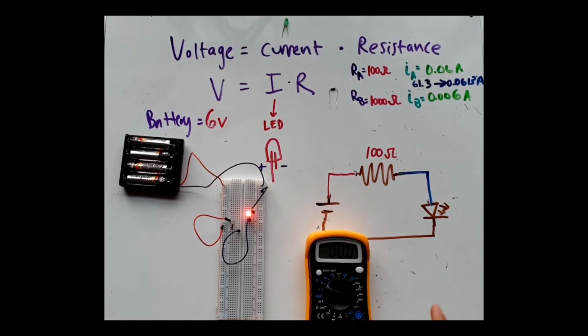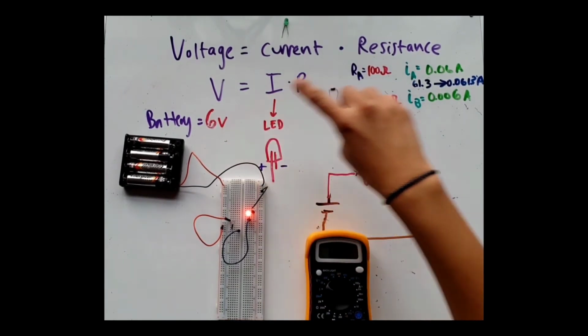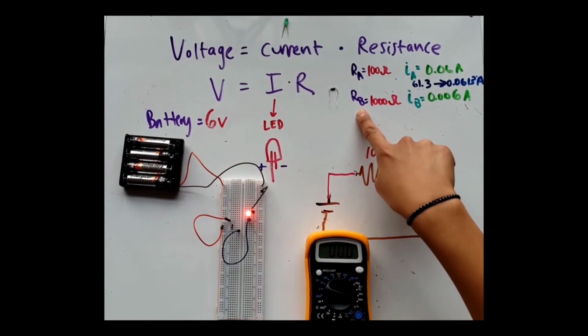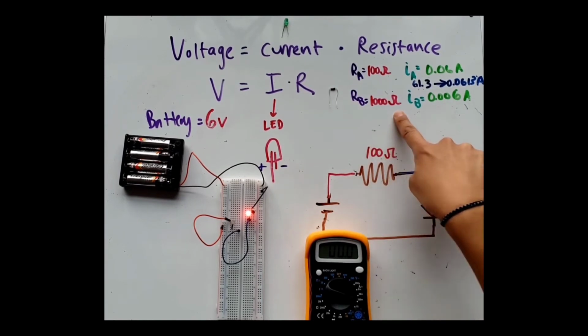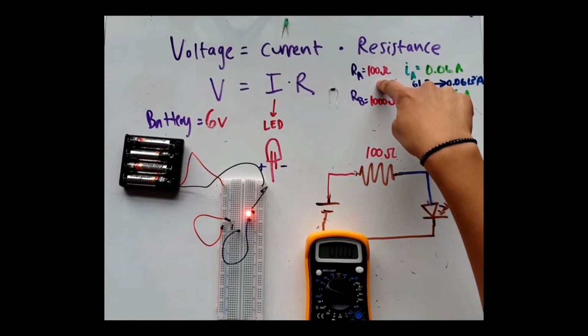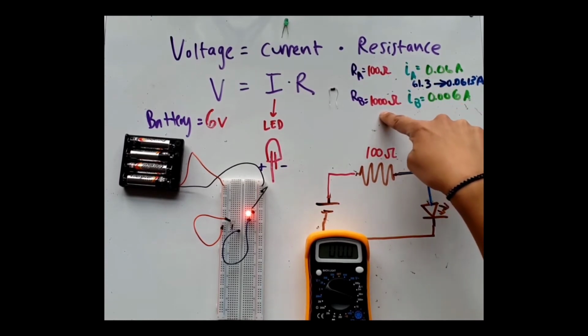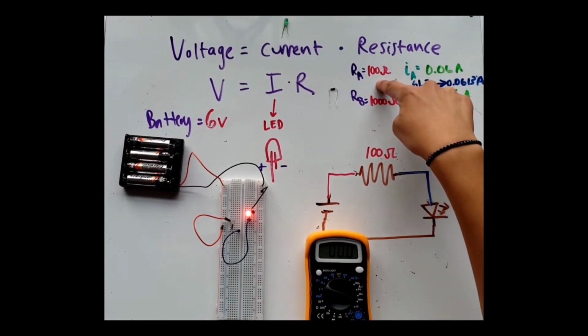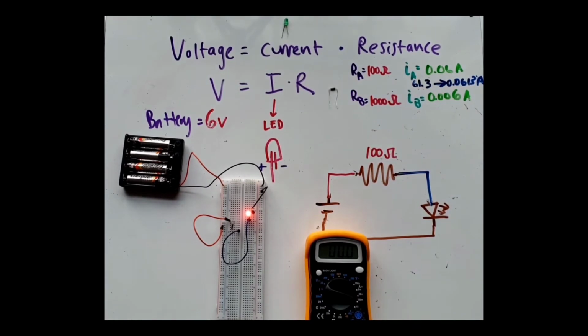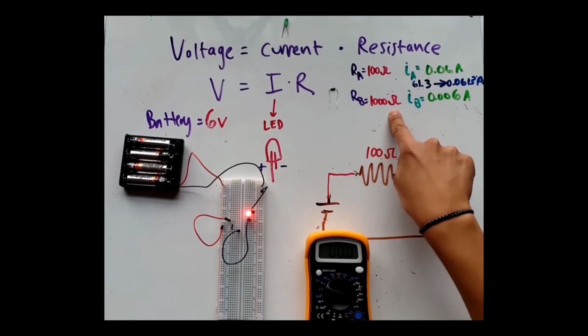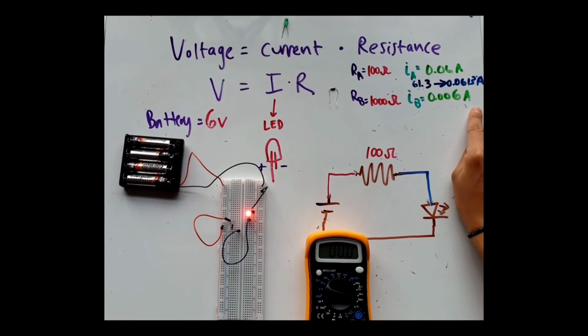Now we're going to do the same exact circuit, but we're going to use the second resistor, B, which is 1000 ohms, a magnitude of 10 larger than the original 100 ohm resistor, right? So what I'm seeing is when I put in more resistance, my current goes down. What does current going down look like?